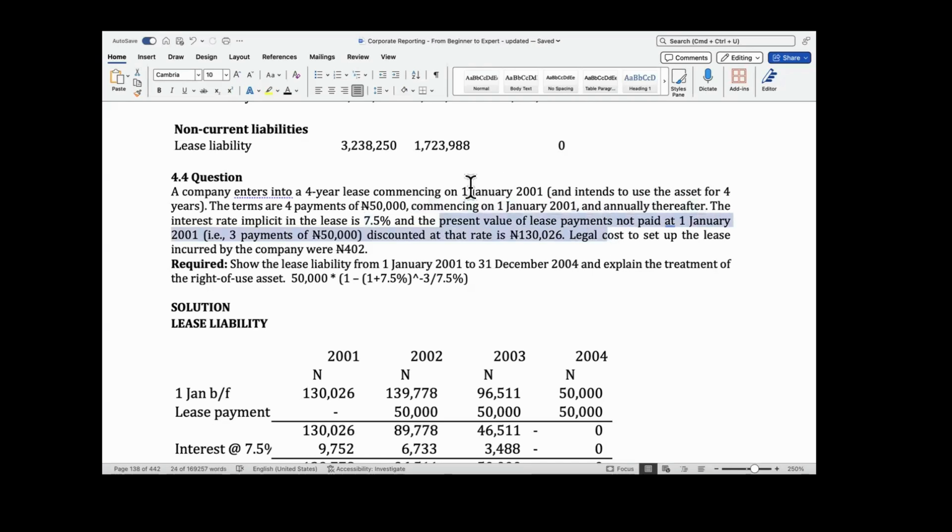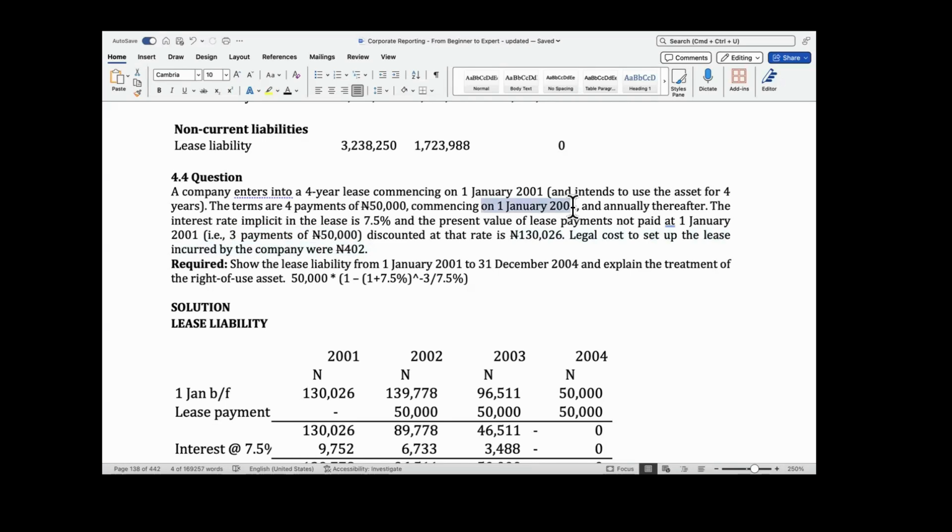So the present value of the unpaid lease payments in 2001, that is 3 payments of 50,000. So why are they giving us only the present value of 3 payments? But they told us that we are making 4 payments. Why are they giving us present value of only 3 payments? The reason is that since we are making the payments right from the beginning of the year, we'll have paid the first 50,000.